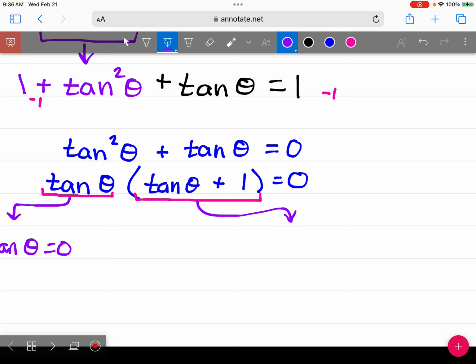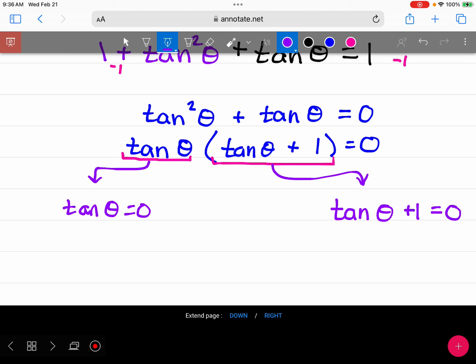And when does tangent of theta plus 1 equal 0? So what values of theta give us 0 for tangent here?